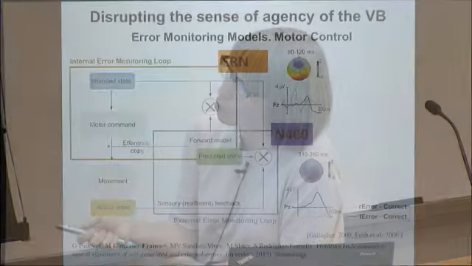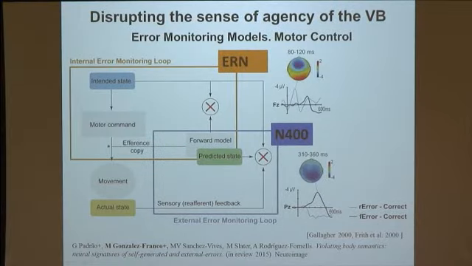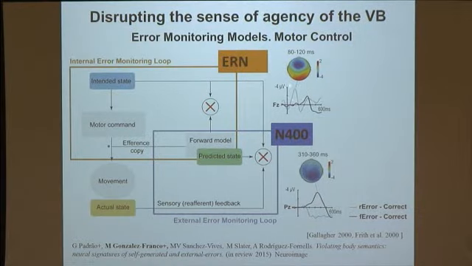So I create a copy of this efferent movement, and I compare it to my original state, like where was I supposed to go? And if there is an error here, I find this error-related negativity, okay? This is the one where the arrow is pointing here, and I'm going the other direction.